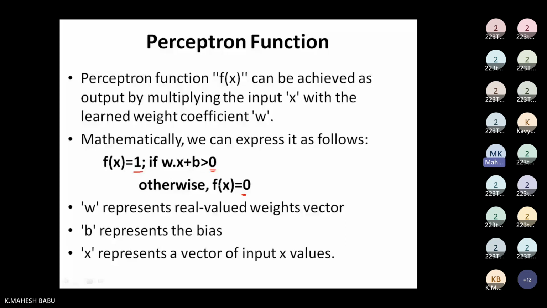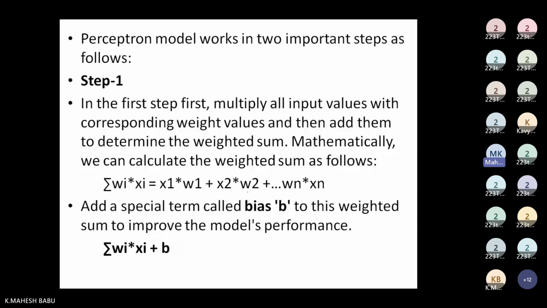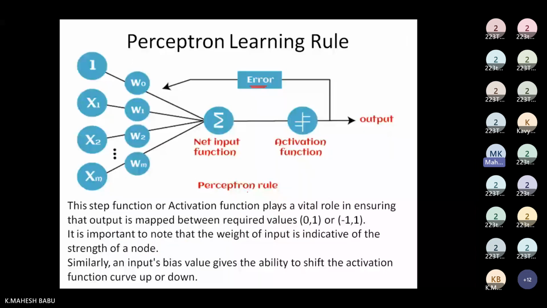So whenever the sum of all its input values along with the bias value is more than 0, or more than the threshold value, then I can say that the output is 1, or else the output is 0. So W represents the real valued weights vector, B represents the bias, and X represents a vector of input X values. So we are going to apply the same perceptron. So come back here again, this particular picture.